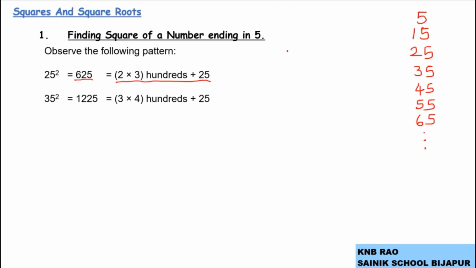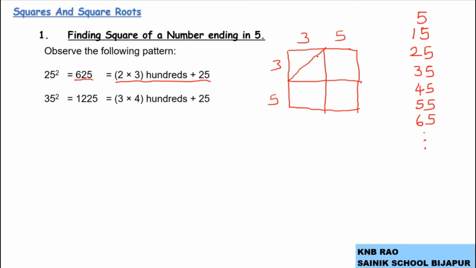For example, if I am finding 35 square using diagonal method, 3, 5, 3, 5. I have drawn diagonals.